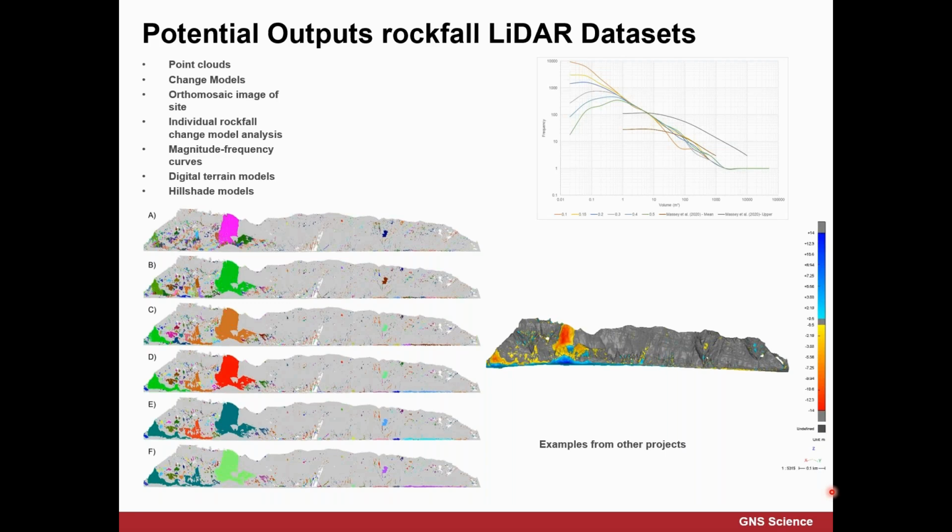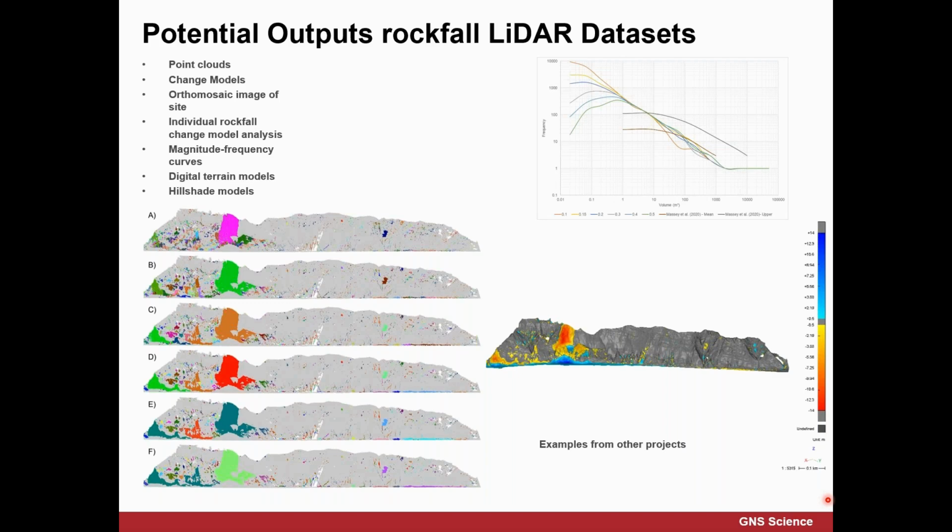On the left is a different kind of change model looking at individual rockfall between epochs. That's all dependent on how much time you've got between epochs and what your cell size is. But you're able to see exactly how many events occurred between the two.